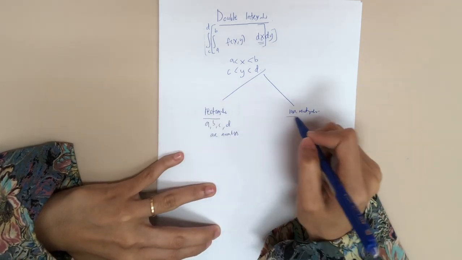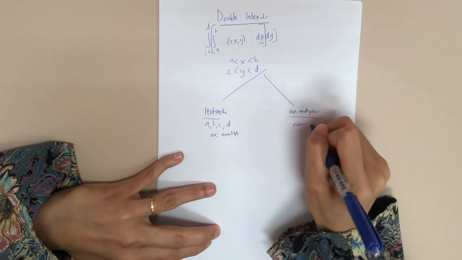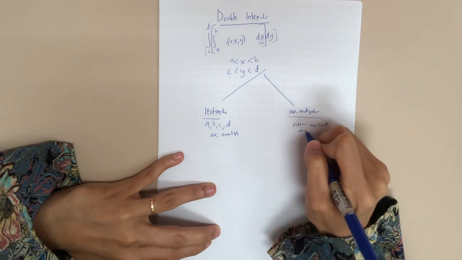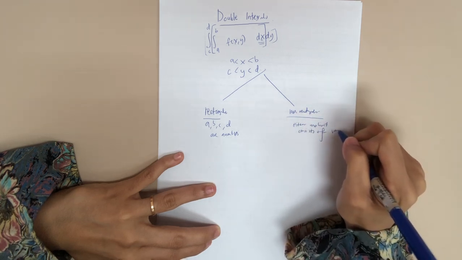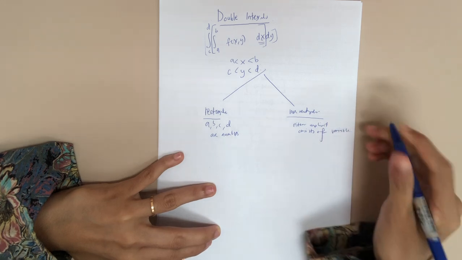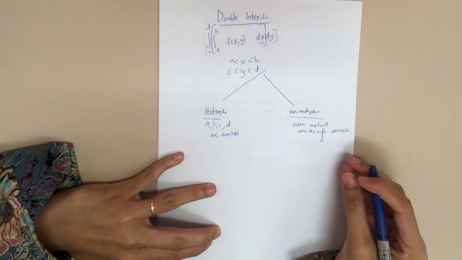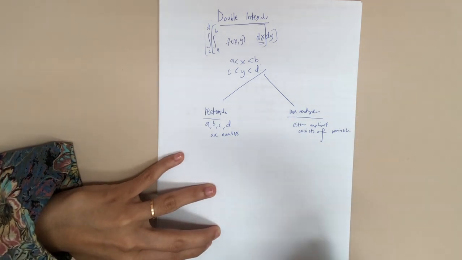For non-rectangular, either one of the limits must consist of a variable, which can be x or y. I will give you an example here.